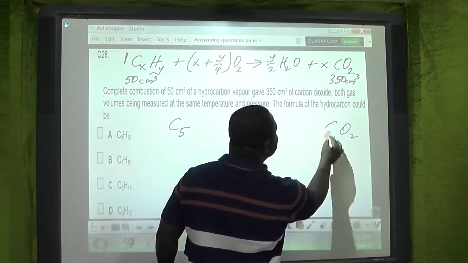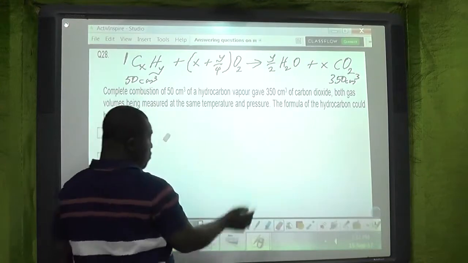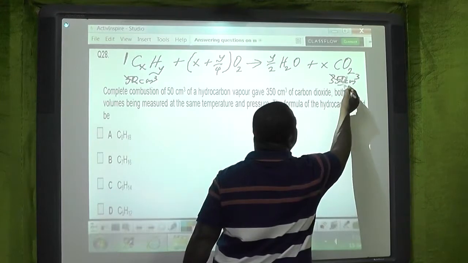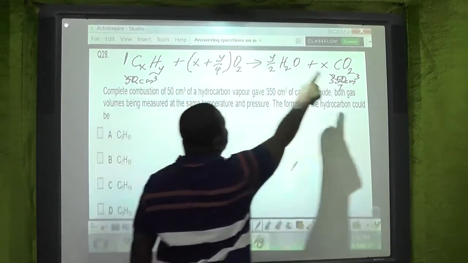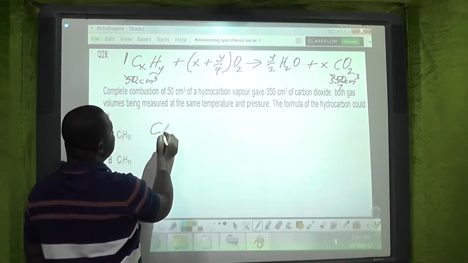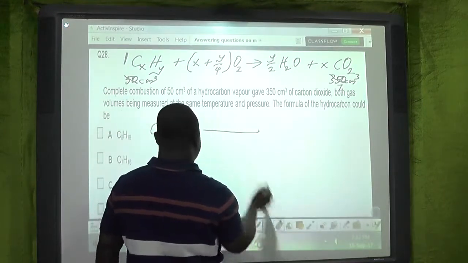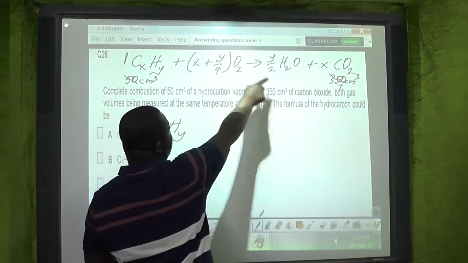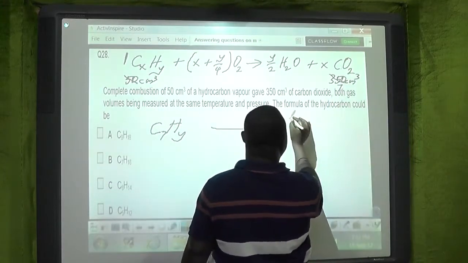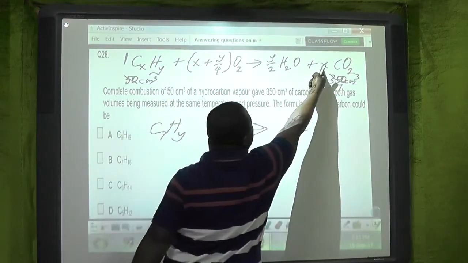So if you see what we produce, this one divided by this is equal to 7. That means this one, C7Hy, gives in H what? We are not interested in the H. We can get the H from the water, but we are not interested in the H. It gives us 7CO2. Whatever you have here is what you will have at the back here.